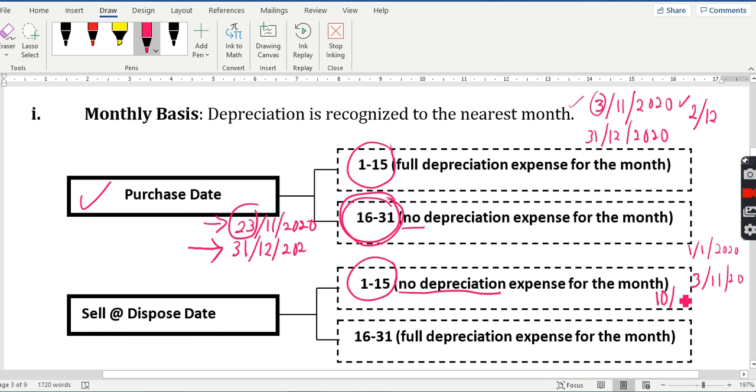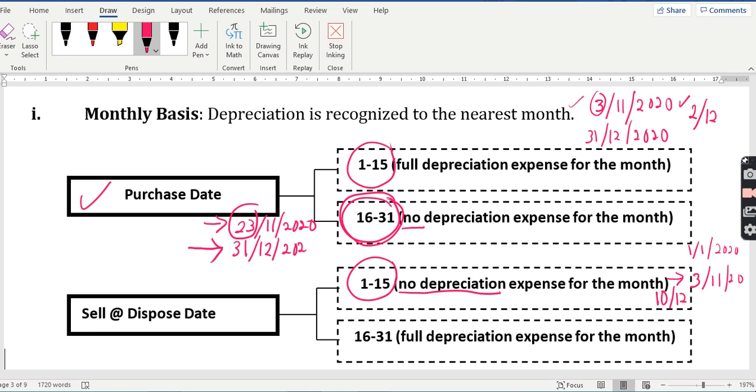That means 10 upon 12. There won't be any depreciation for the month of November because I am selling the asset on the 3rd, the early part of the month. So we calculate the depreciation expense until the month before the selling month.